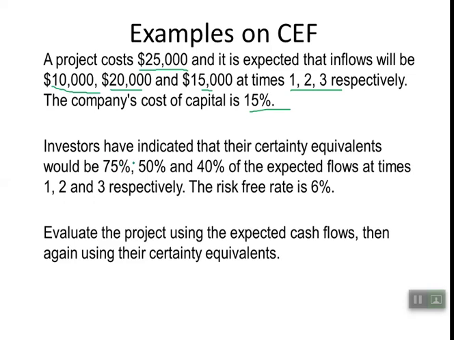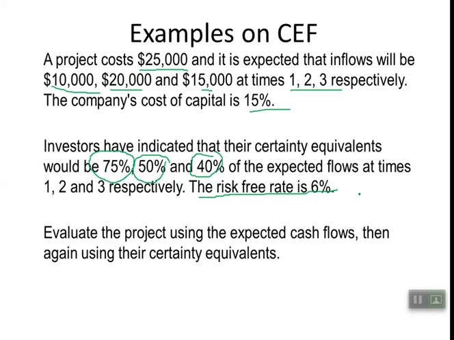In year 1, it means your cash flows should be reduced by 75%. Year 2, the cash flows will have this certainty equivalent factor, and year 3, the cash flow should have this certainty equivalent factor. Then the risk-free rate. Remember, I said once you have adjusted for certainty equivalent factor, then you must discount your cash flows using a risk-free rate.